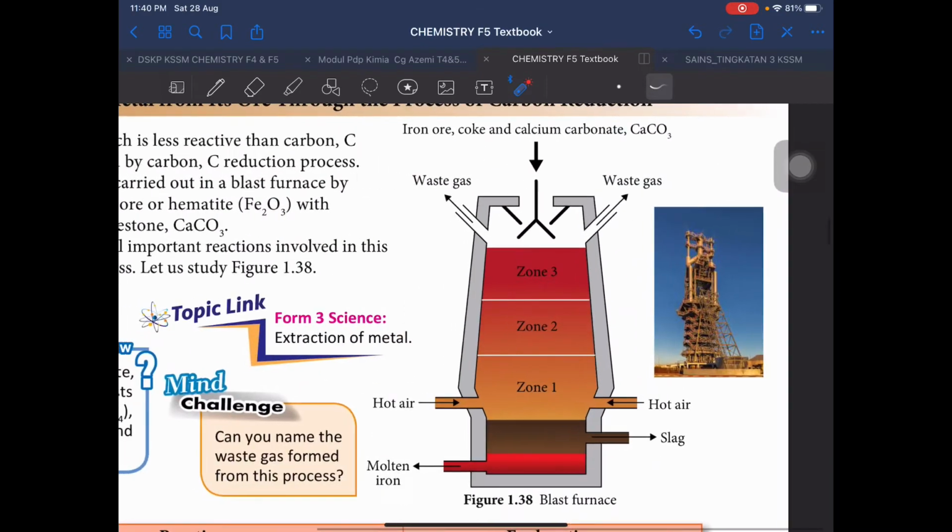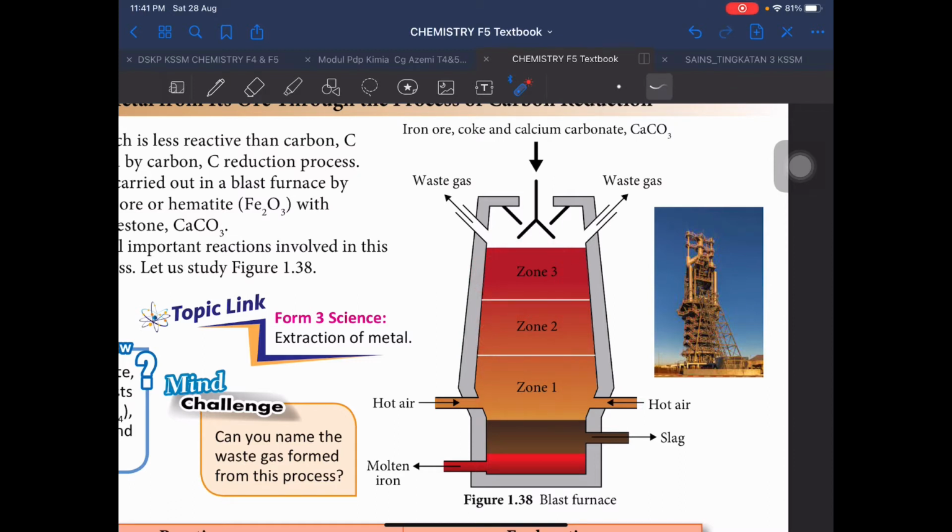So what happened? Iron ore, biji besi, kan we want to extract the iron out. So we panaskan, we heat iron ore, coke ataupun arang batu, and also calcium carbonate di dalam relau bagas ini. So there are waste gas yang akan dibebaskan lah. There are 3 zones. Zone 3, zone 2, and zone 1.